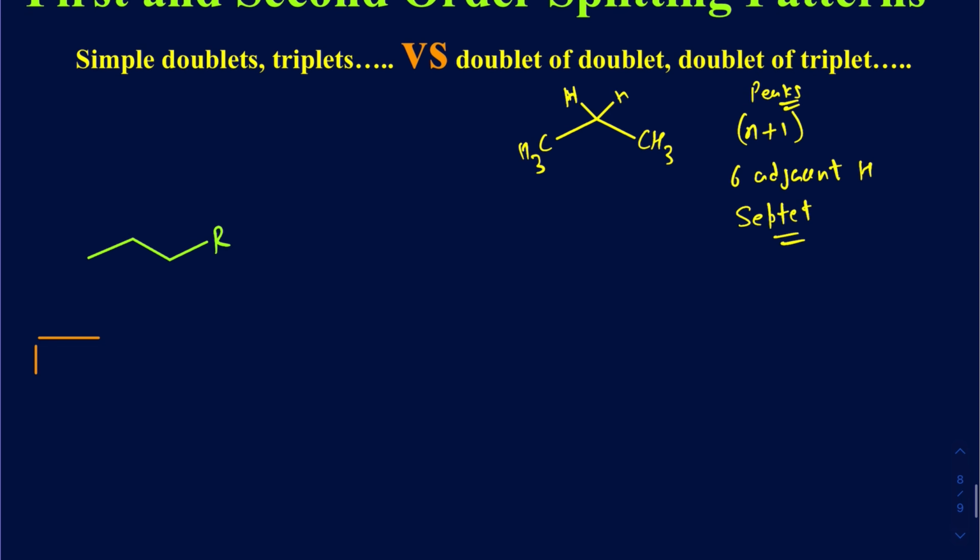I'm going to focus on the protons on the second carbon from the left. I have two protons here, a CH3 group on the left side, and two protons on the right side. And there is an R group, and we can be careless about what that R group is. It could be an aromatic, or a halogen or something.